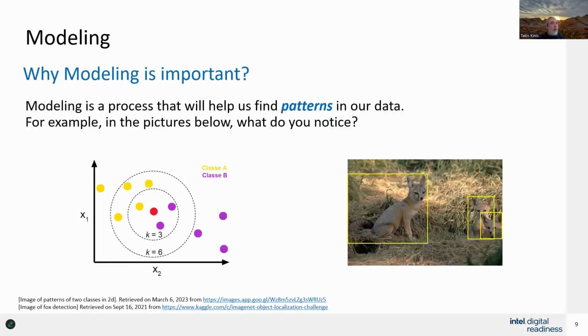Right. So why is modeling important? Modeling really tries to recognize what we often see in reality. For example, it says it'll help us find patterns in our data. In the pictures below, what do you notice? We have one that looks like a chart or a graph, a scatter plot, and then a graphic of what looks like a fox and her babies.